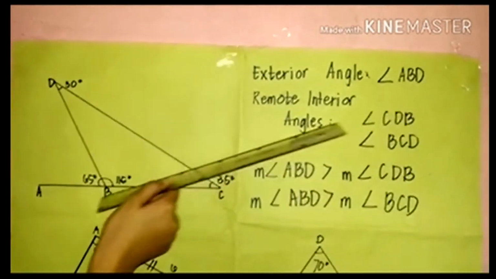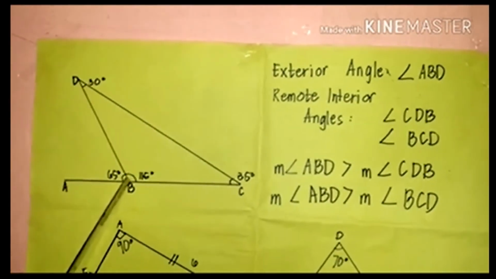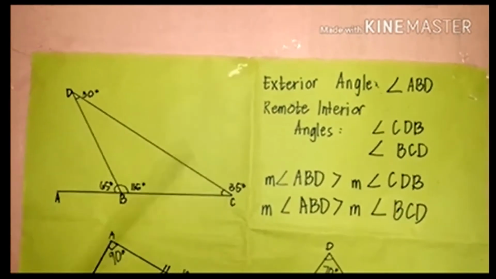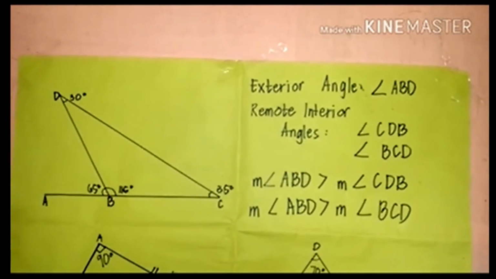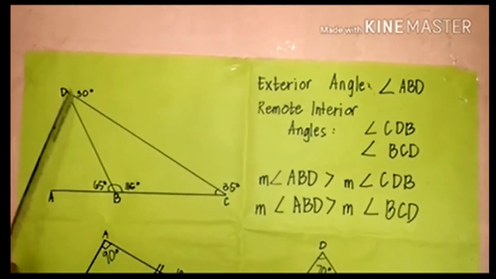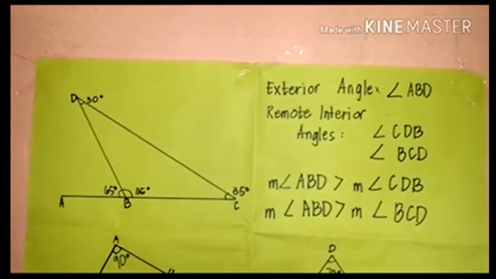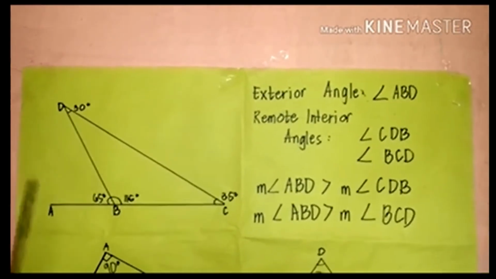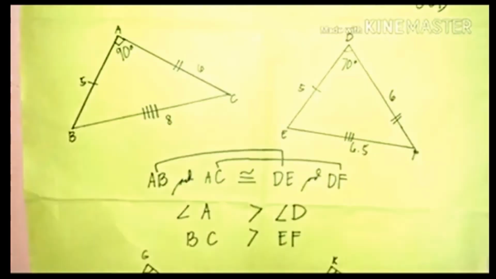Remote interior angle, angle BBB. The measure of angle ABB is greater than the measure of angle BBB.